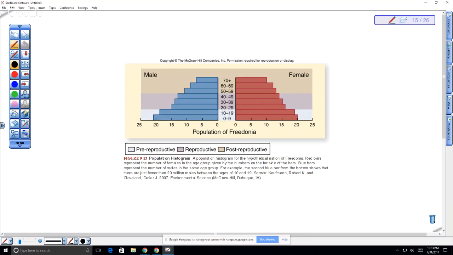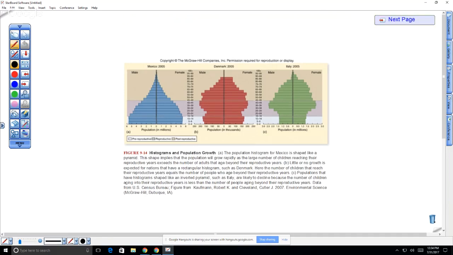This is just categorizing people and putting them into different age groups. If we look at different countries, when we see a pyramid-shaped histogram, this is a growing population.